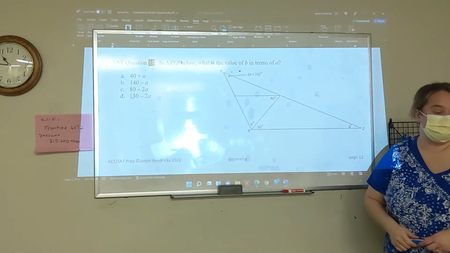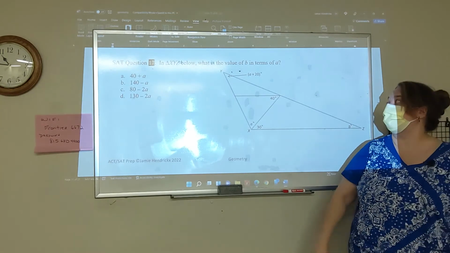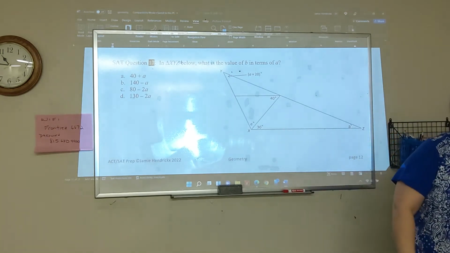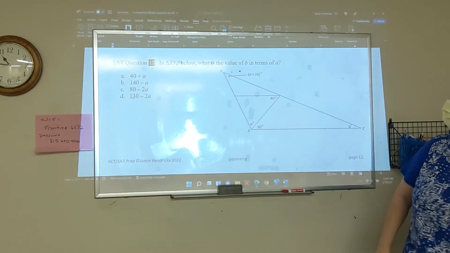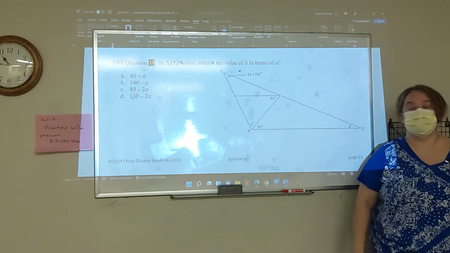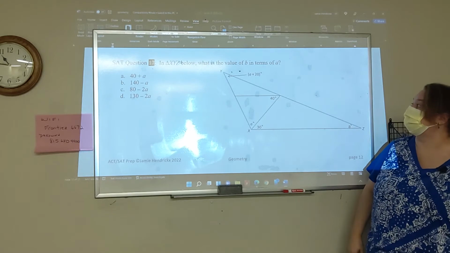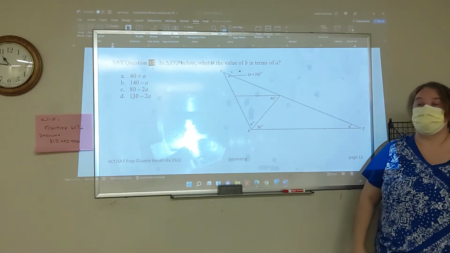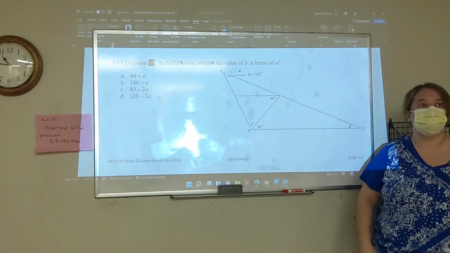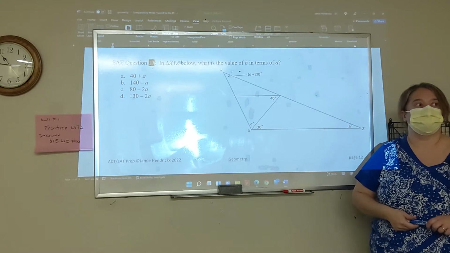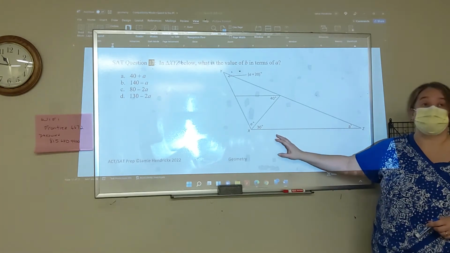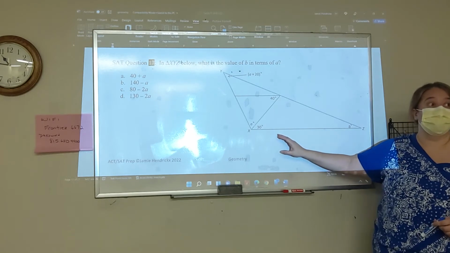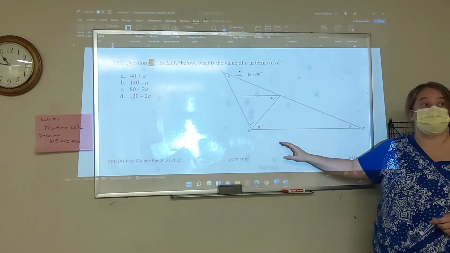SAT number 17, in triangle XYZ below, what is the value of B in terms of A? How many triangles are in this picture? 4. Actually 5, but we'll take 4. There's at least 4, but let's go with 4 triangles in this picture. I want to use the triangle that I know the most about.